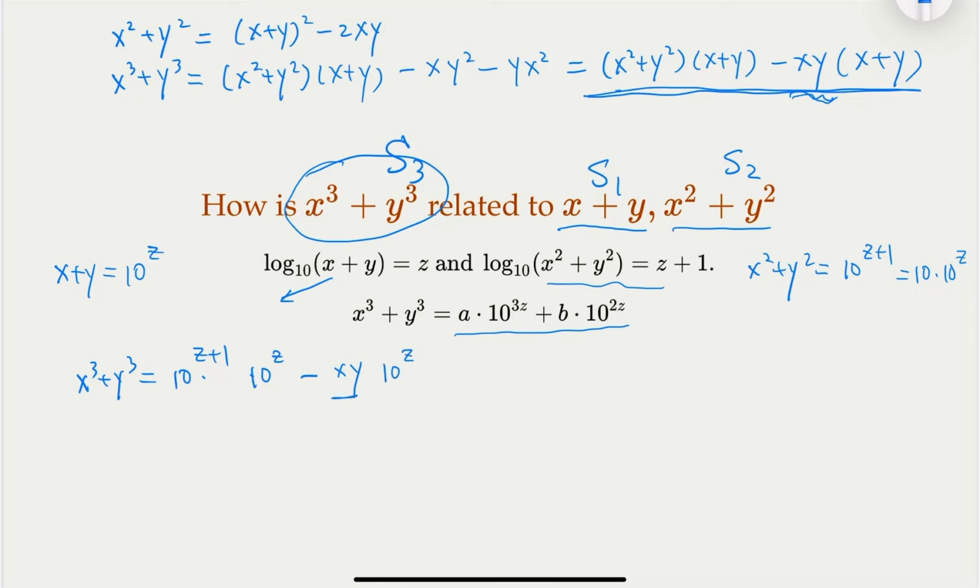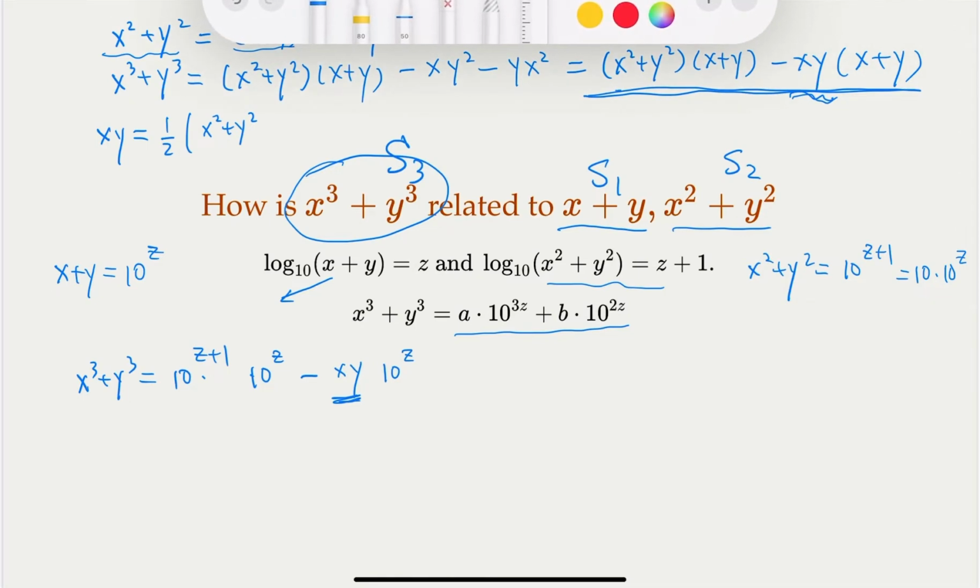Now, what is xy? How is it related to the two? From equation number 1, we know that xy can come from the subtraction of the two. So xy would equal the difference of this side minus this side, and then divided by 2.